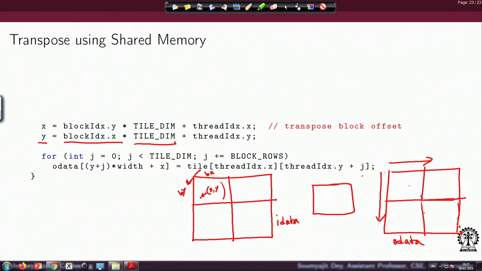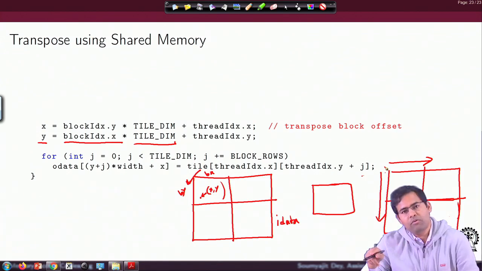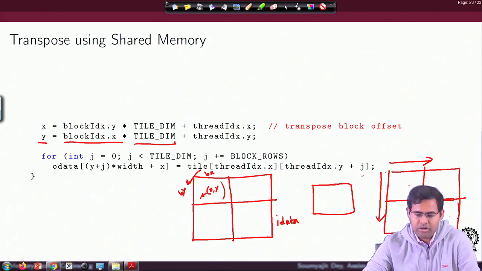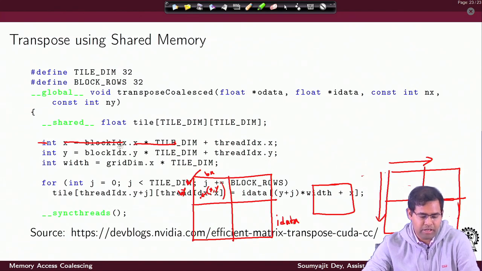In order to find that out, I should consider the original x and original y and just use the representations in the opposite way. So, the x would become the y and the y would become the x, if I consider the previous values of x and y which have been calculated following these expressions here.